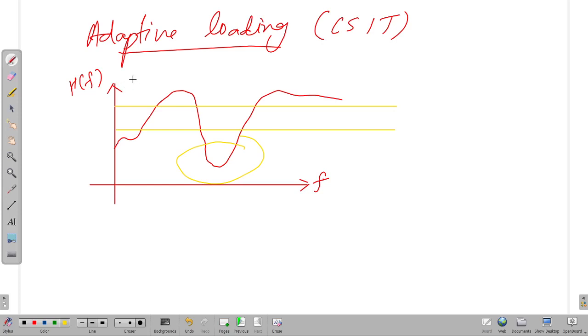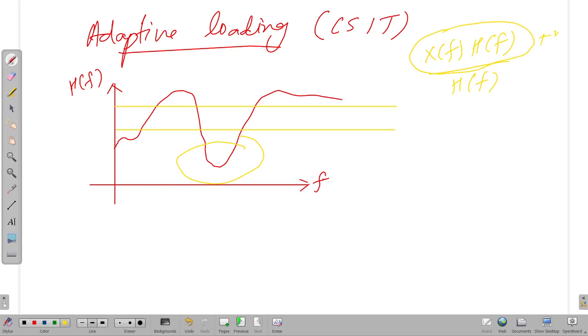And when x of f gets multiplied by h of f, this low value of channel frequency response will have a bad impact on x of f, because first, in order to compensate, you need to divide by h of f, which means you are multiplying this term with a large value, so you need a lot of power for that.